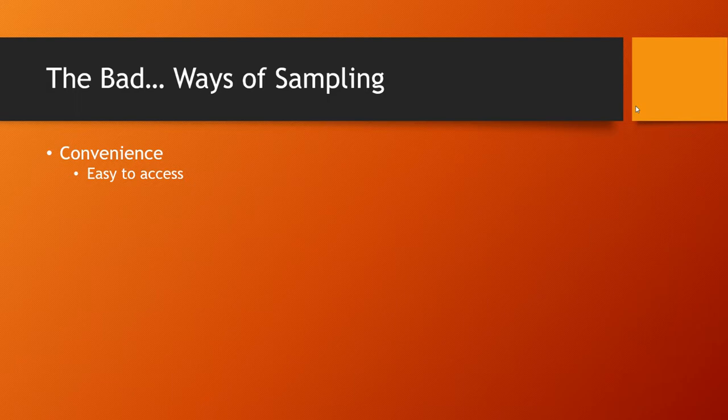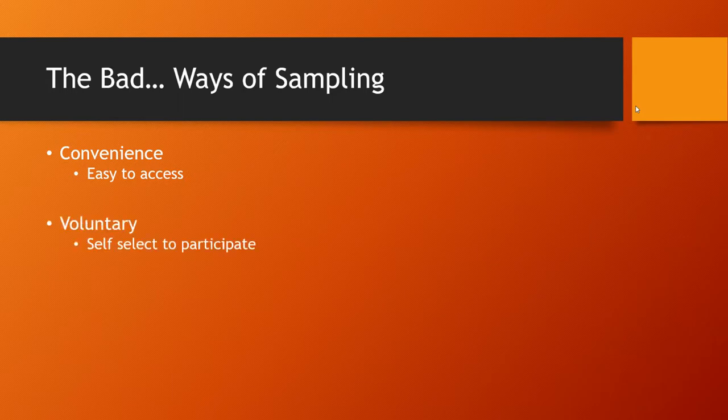You wear glasses or contacts? But you all really don't represent the whole population. Most of you are juniors and seniors, so my freshmen aren't represented. Maybe a few sophomores would be represented, but I'm not getting a good representation of my population. So that's why convenience is not a good sampling method, okay, because my sample will not represent the population.